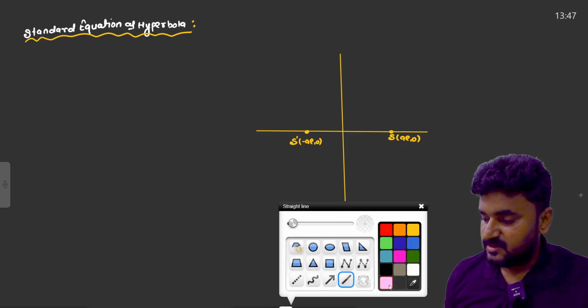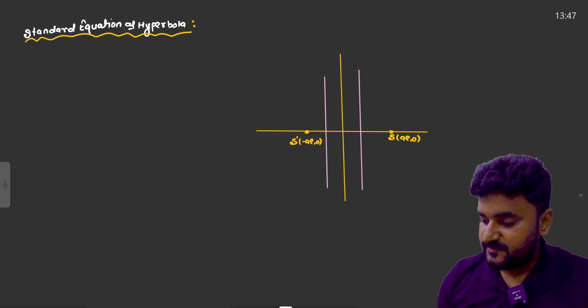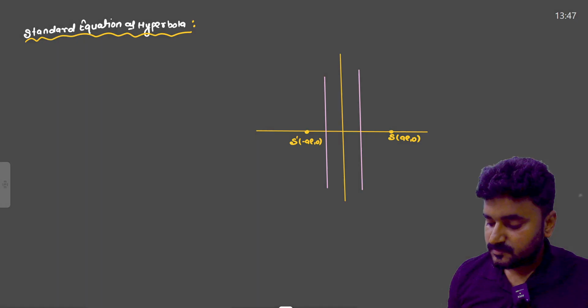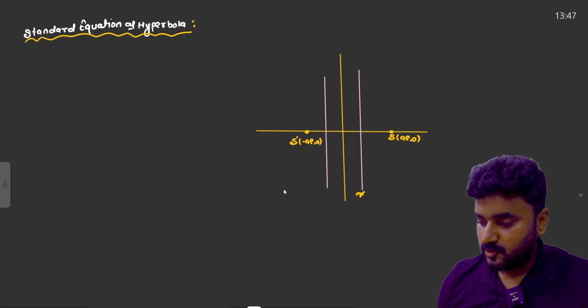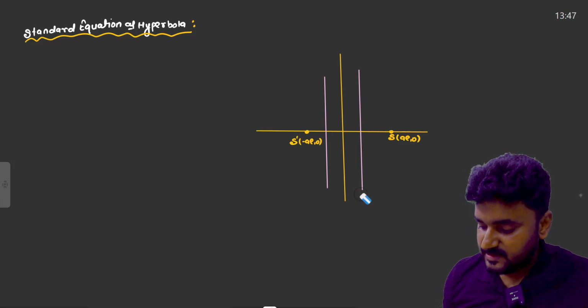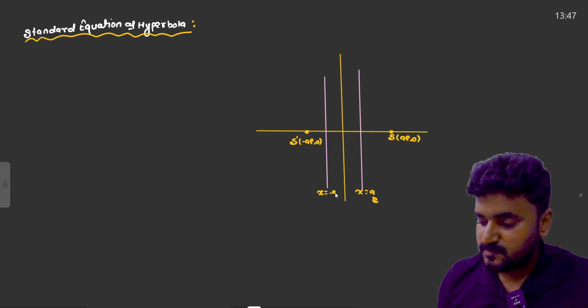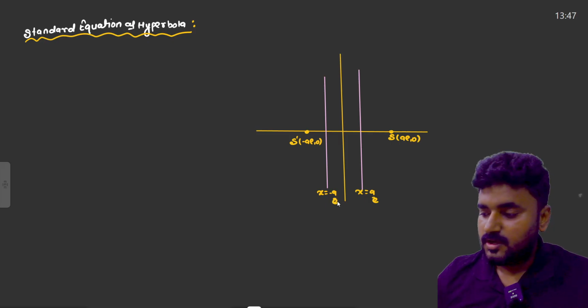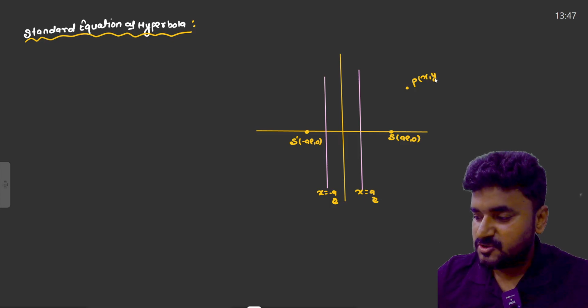After this I am taking two line equations. One I have written as x equals A by E, and the second I have written x equals minus A by E. Okay. After this I am going to take the point P, this is your moving point x comma y.